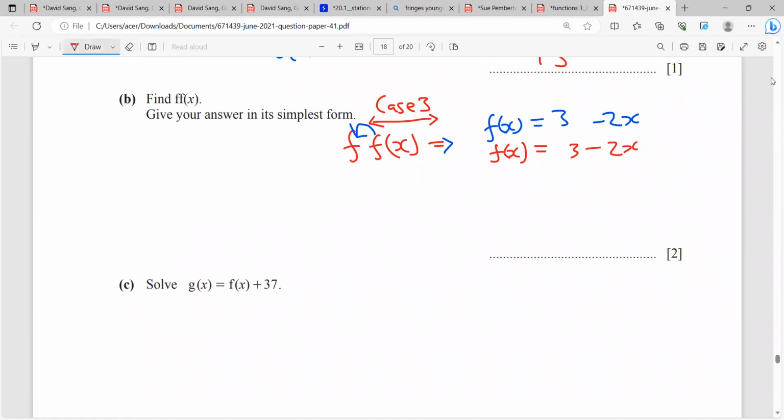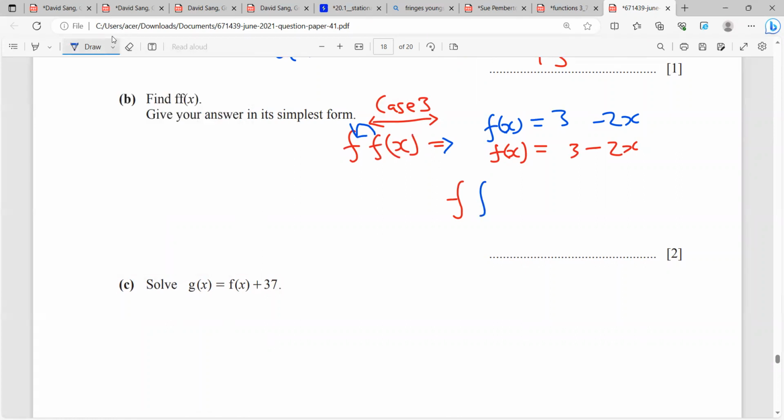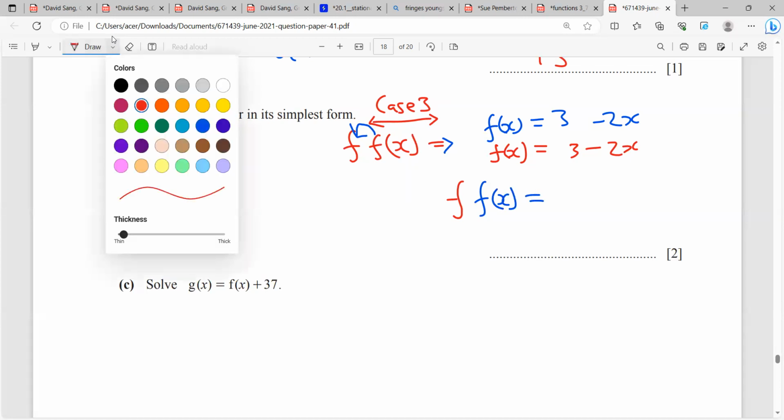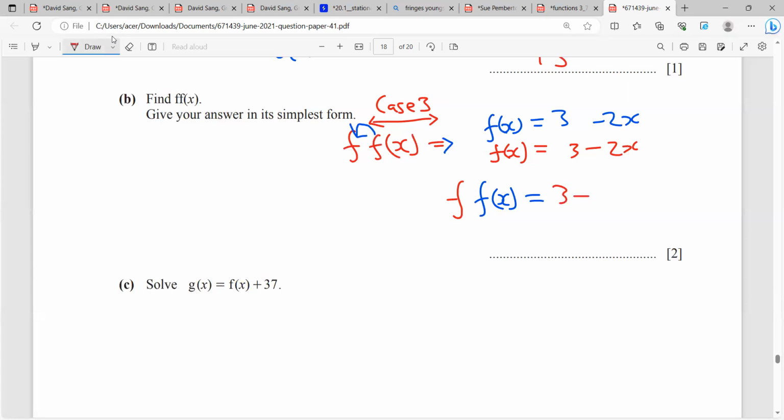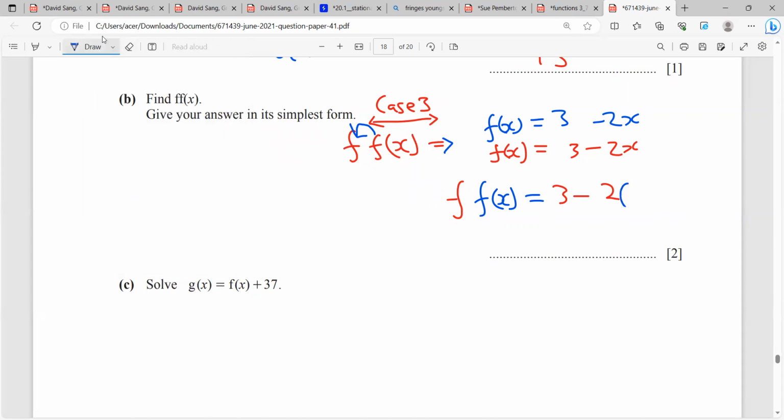So our final answer, f of f of x, is going to be, I'll write the red first, 3 minus 2, and then in place of that red x, I'm going to put my blue function. And my blue function is 3 minus 2x again, isn't it?